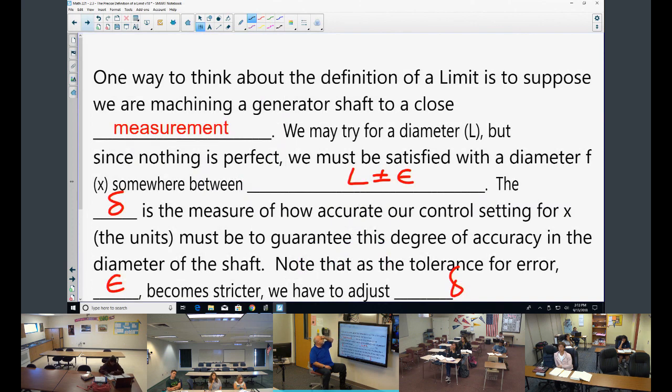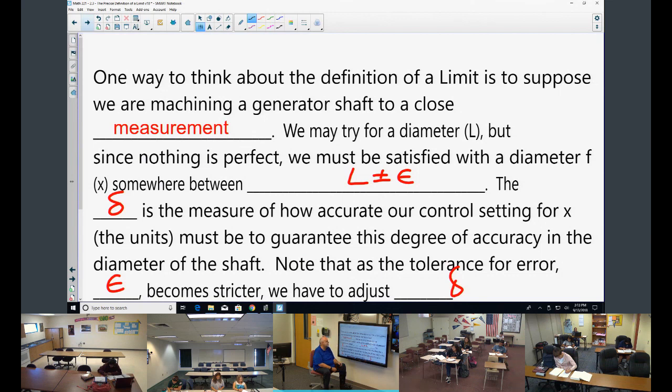All right. So one way to think about the definition of a limit is to suppose we are machining a generator shaft to a close measurement. We may try for a diameter, L, but since nothing is perfect, we must be satisfied with a diameter, f of x, somewhere between L plus or minus epsilon. So that's how off we can be.